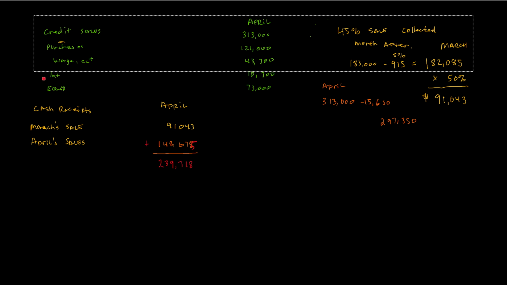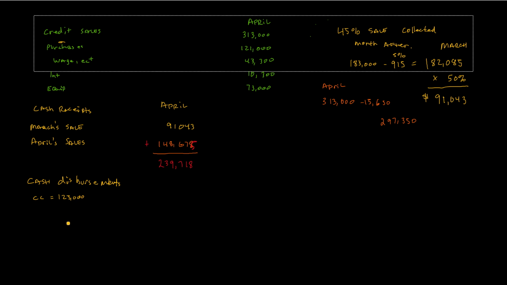So I'm going to go back to using yellow. Say cash disbursements. They tell us that in March, we had credit card purchases of $123,000. They tell us that credit card purchases are paid in the month following the purchase.